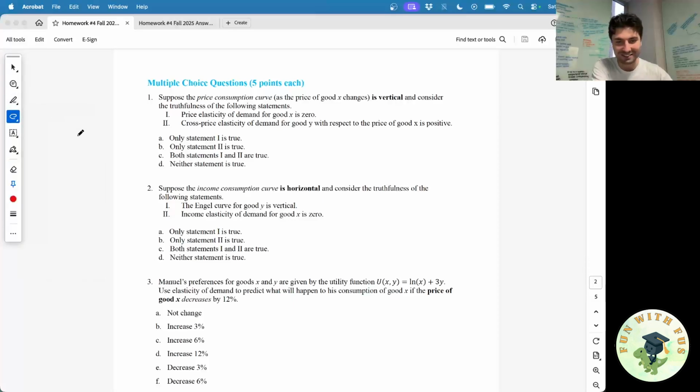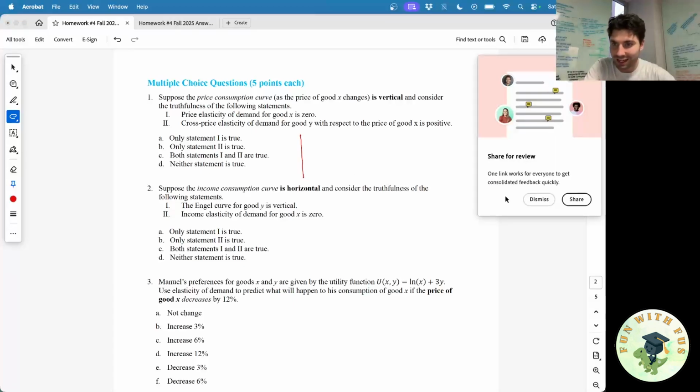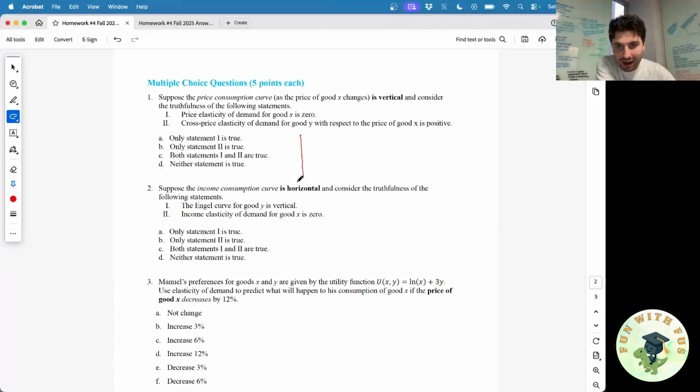Okay, I already have the draw tool. That rookie mistake. But getting into our econ, we can start off with number 1. Suppose the price consumption curve, as the price of good X changes, we covered that in the last video. Okay, and I think this homework is very similar.